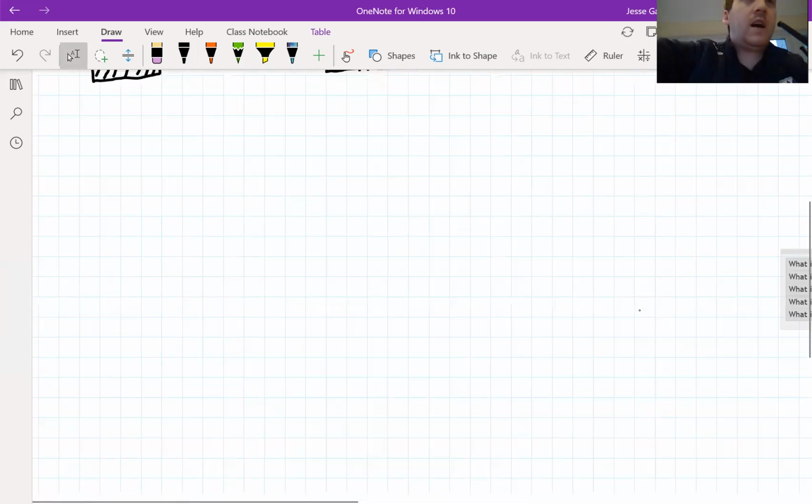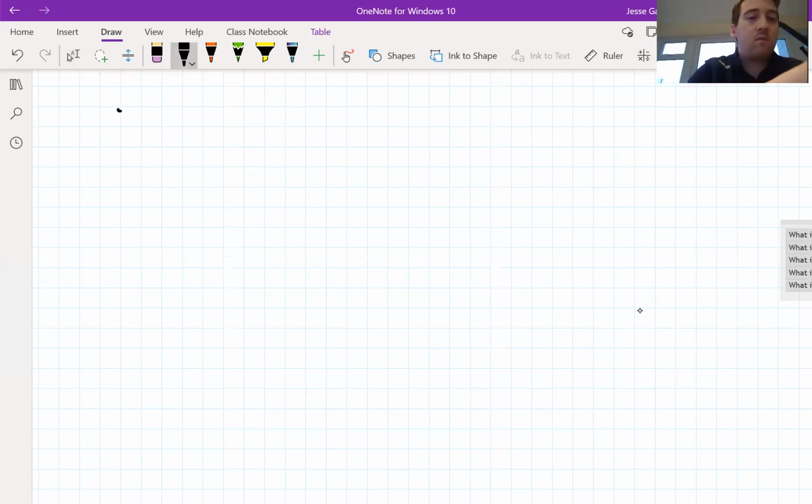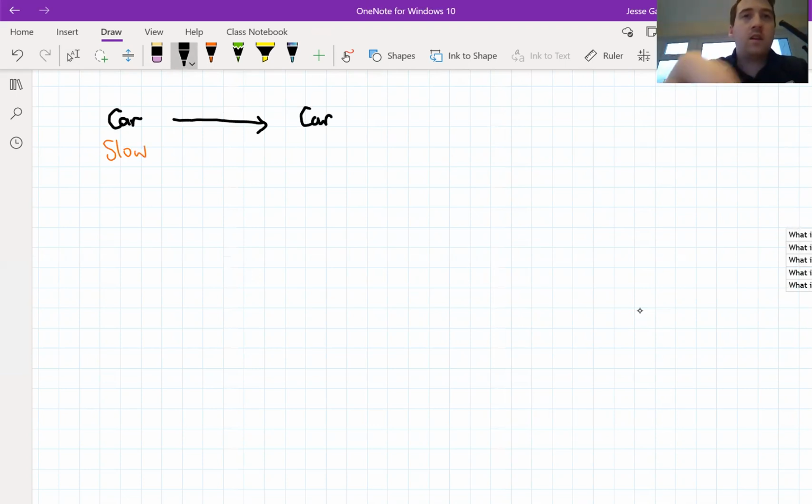So say we have a car. And the car is going slow. It's moving slow. And whoever's driving decides that they want to make the car go fast.